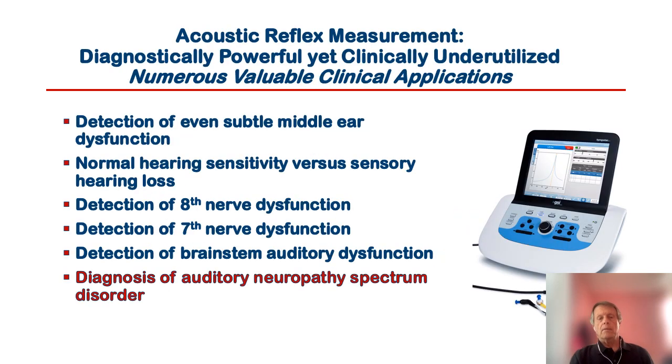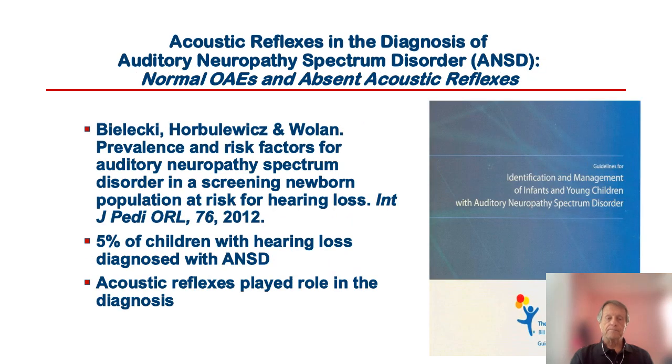Okay, the other application of acoustic reflexes that is so important in infants, as I've already mentioned, is the diagnosis of auditory neuropathy. Now, many of you may not have ABR. You don't have it in your clinic. But if you have acoustic reflexes and you have OAEs, you can at least identify children who are most likely to be diagnosed with auditory neuropathy.